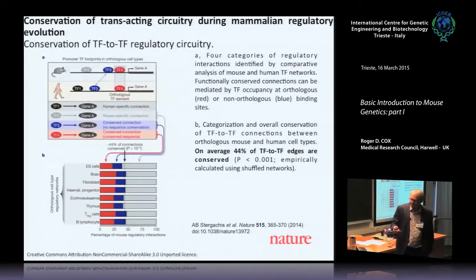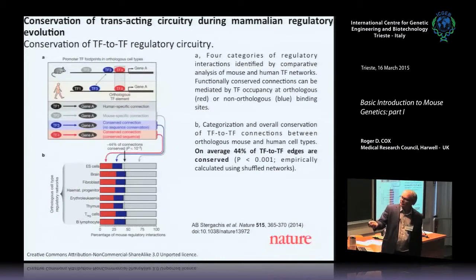So here in the mouse, for example, a gene called gene A is regulated by three or more transcription factors. In the mouse, transcription factor 2 is unique to the mouse. In human, transcription factor 1 appears to be unique to the human, but they share some transcription factors in common.